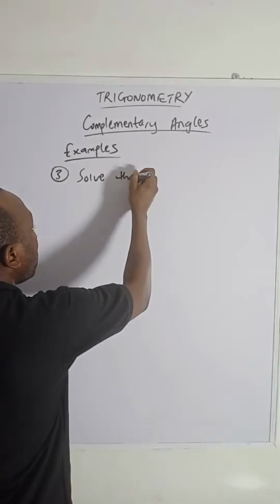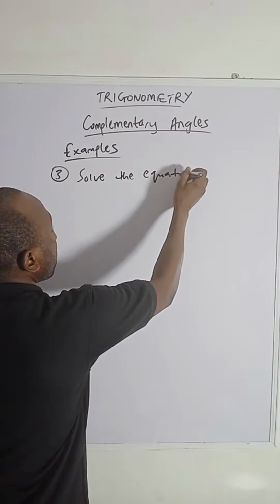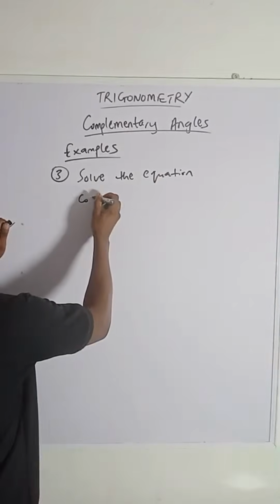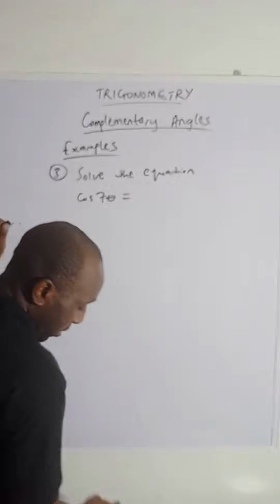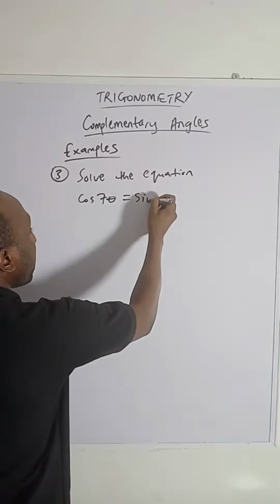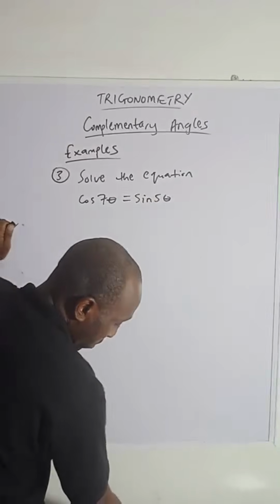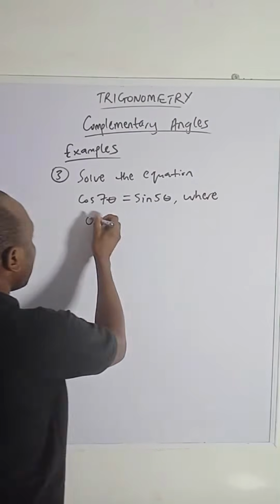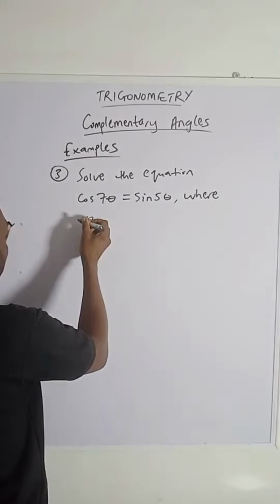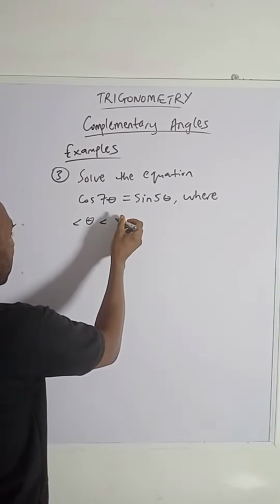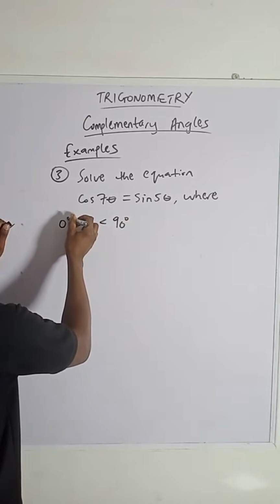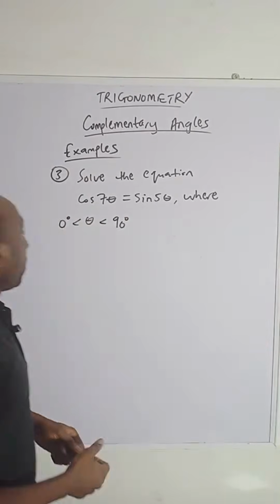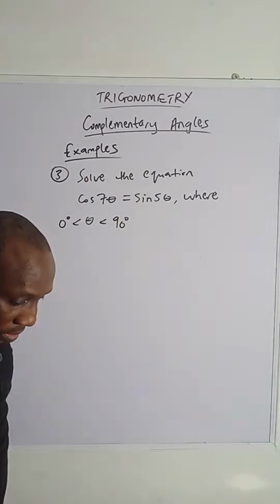Solve the equation cos 7 theta is equal to sine 5 theta, where theta is between 90 degrees and 0 degrees. I want all of you to try this question.